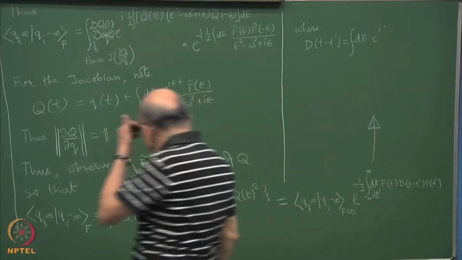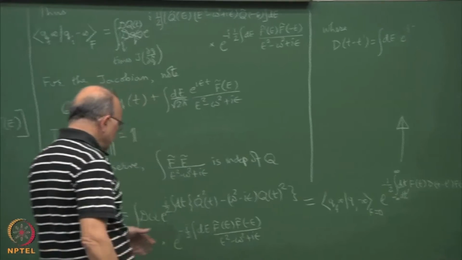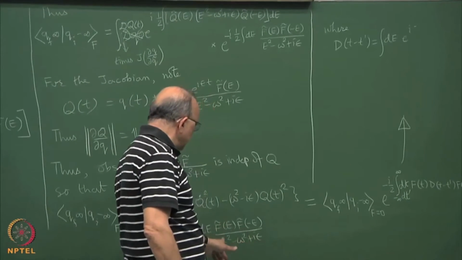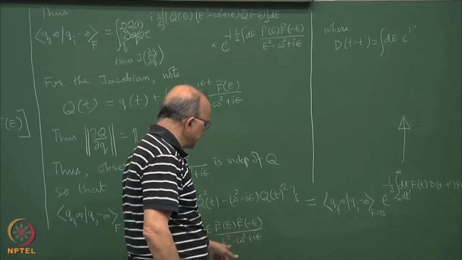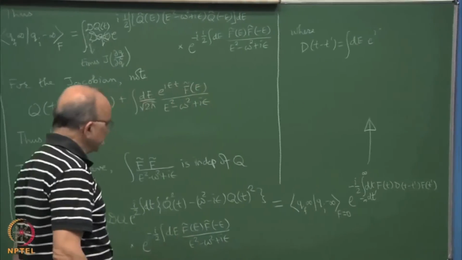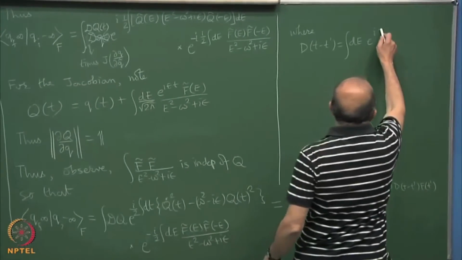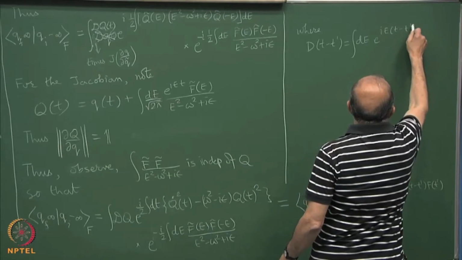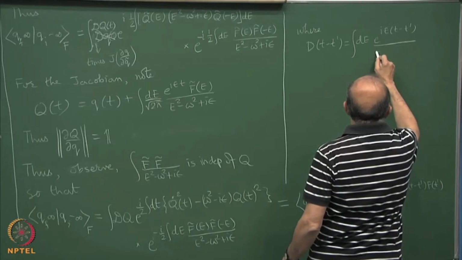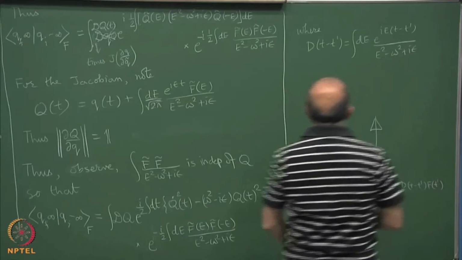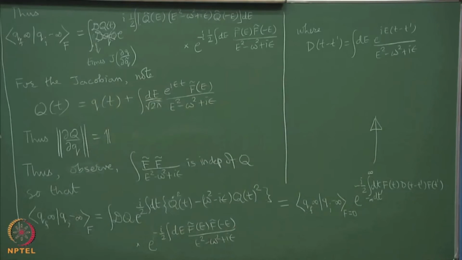In other words, just thinking in terms of Fourier transform, this thing which is 1 over E squared minus omega squared plus i epsilon, we think of that as D tilde of E. This is easy to check, because there is both dt and dt prime.